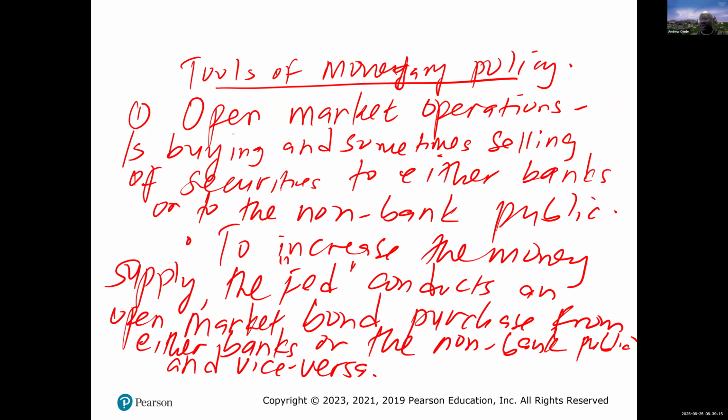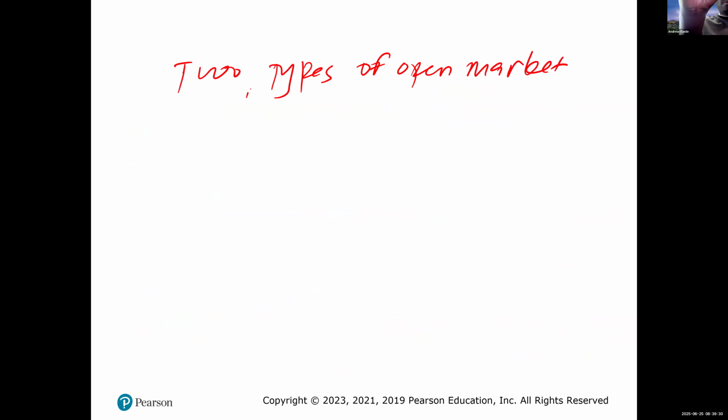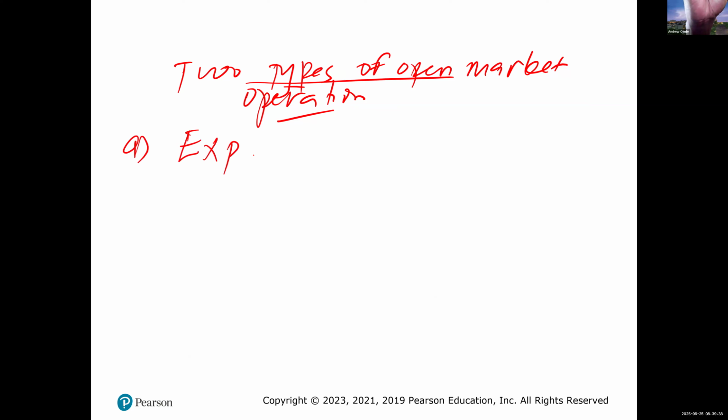Okay, so there are two types of open market operation, which we also talked a little bit about in the previous chapter. The first one is what we're calling expansionary monetary policy.